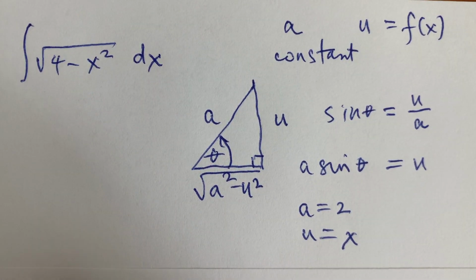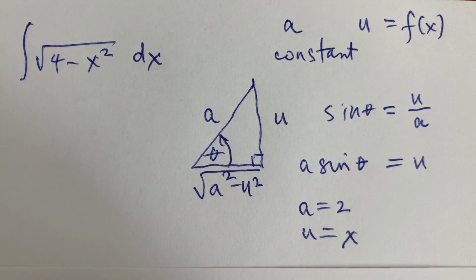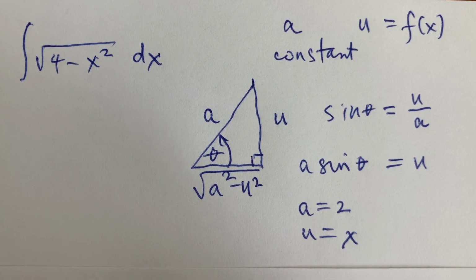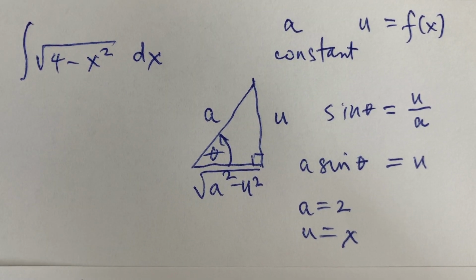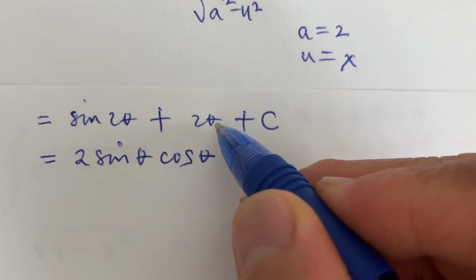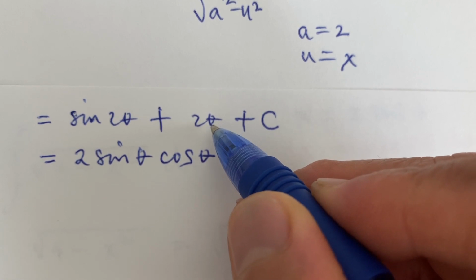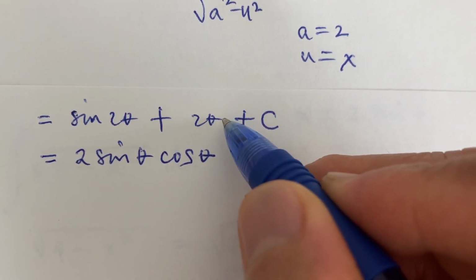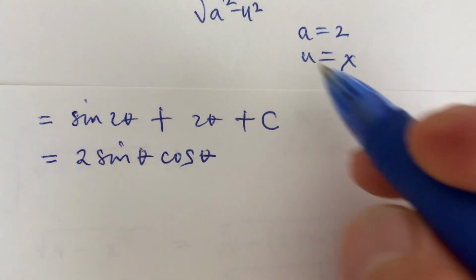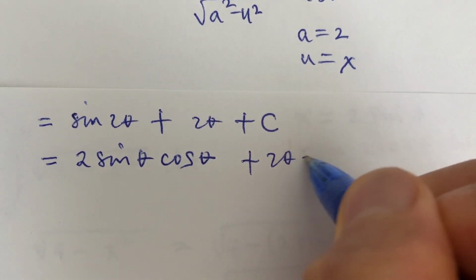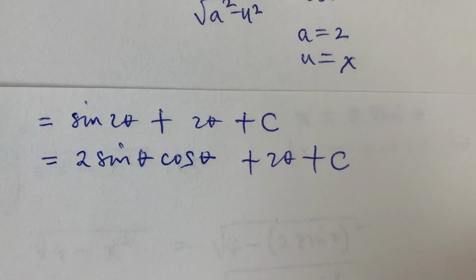So what we will do is replace sine 2 theta by the trigonometric identity 2 sine theta cosine theta. And we have to rewrite theta in terms of arcsine or arccosine or arctangent. There are many ways to write theta, and I'm going to explain that in a moment. So for the time being, we will say 2 theta plus c.